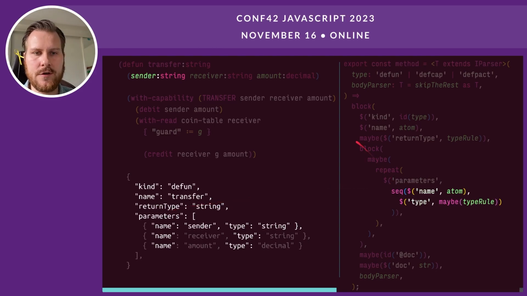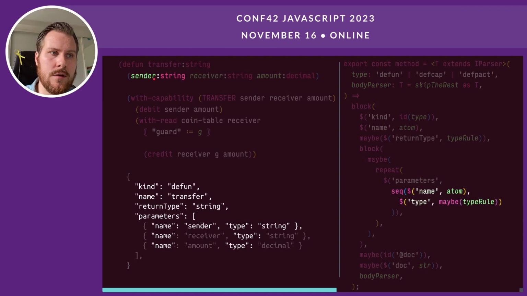And now we're actually going a little bit deep and we're going to look at if we get a sequence. So we still say, okay, we have a block. This part is the block, starting with an opening parenthesis and a closing parenthesis. And then it should maybe repeat with a set that has an atom and a type rule. So an atom and a type rule. And this can be repeated multiple times.